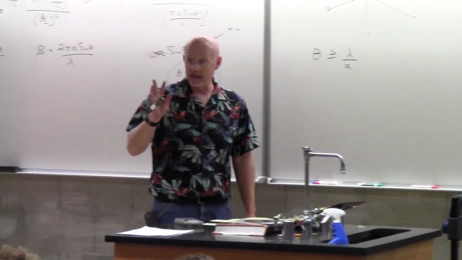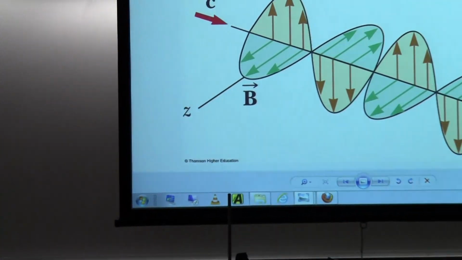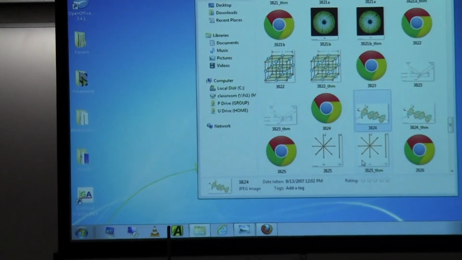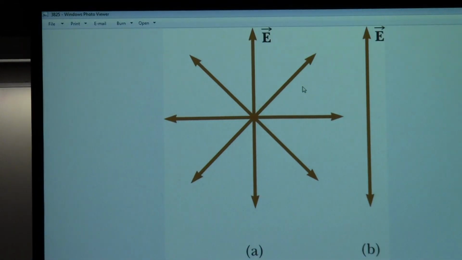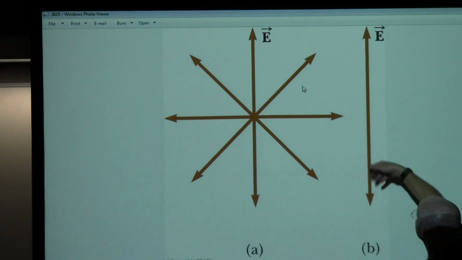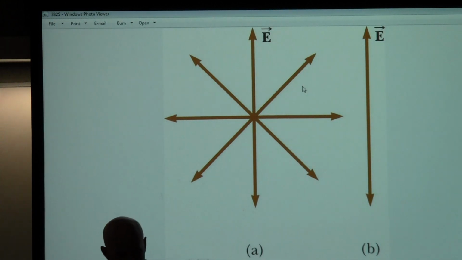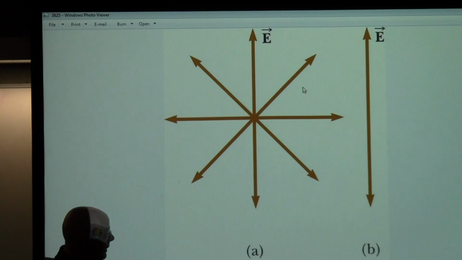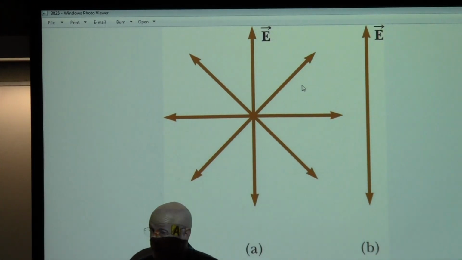Now, let's add to this complexity. This is why your author gives this picture here, and then he follows it with this picture, and he says, all right, if the electric field is going up and down like it is now, then we will represent it with a vertical line saying that's the direction of the electric field.